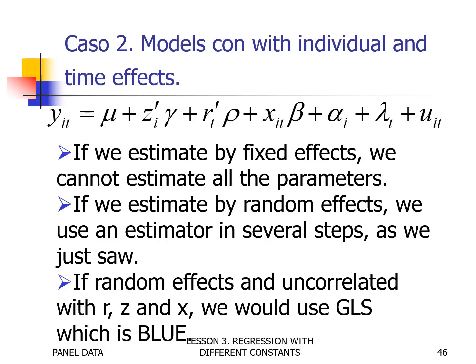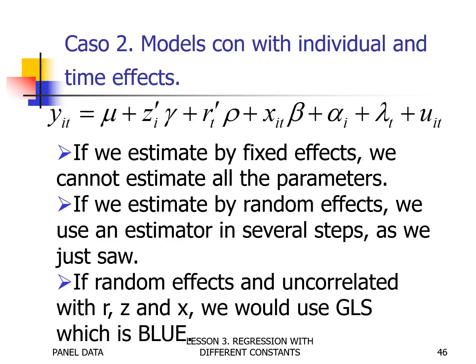Now let's see what we can do with a model like this. In principle, you would do something very simple. Put your data in Stata, and don't worry because Stata is going to estimate well. If you use fixed effects, then we cannot estimate all the parameters.